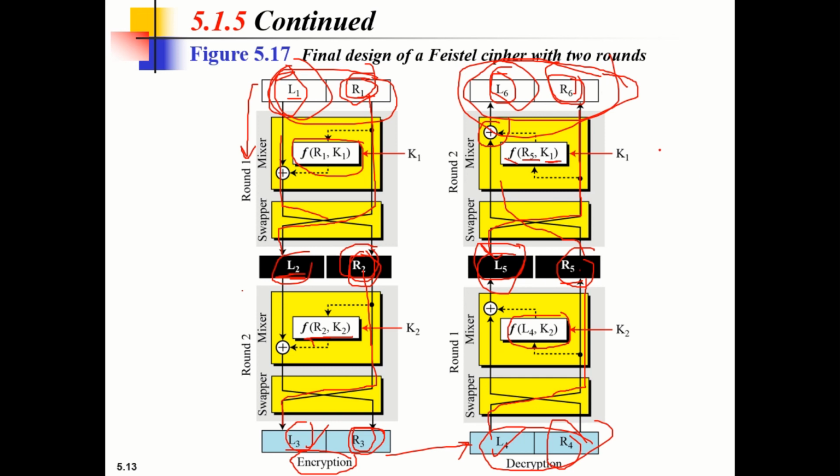Fine. So this is all about the Feistel structure. Now we will be using this structure for understanding the upcoming ciphering algorithm, which we call DES, data encryption standard.